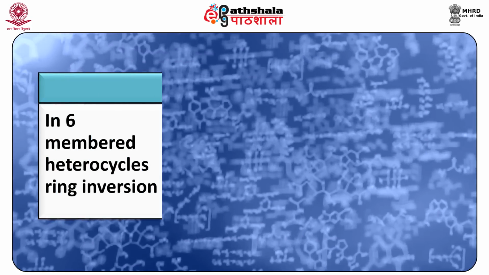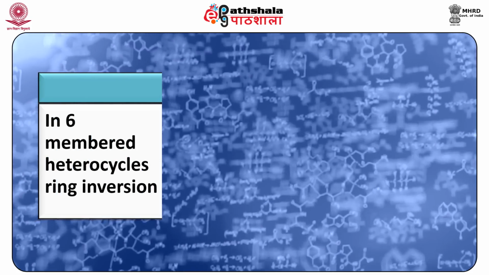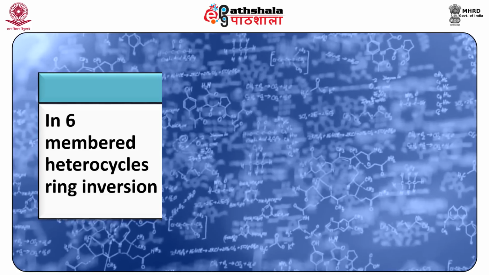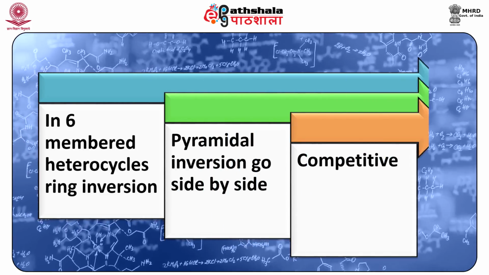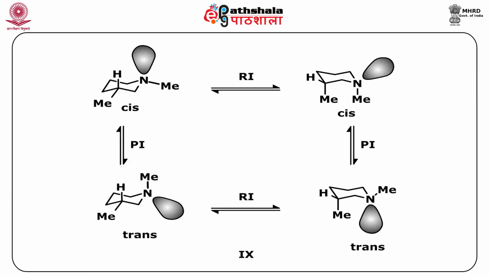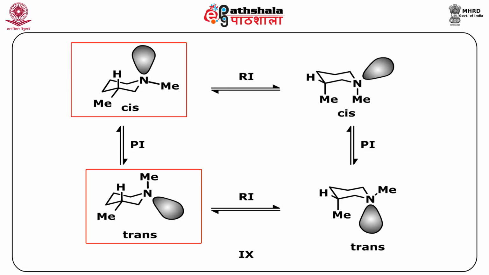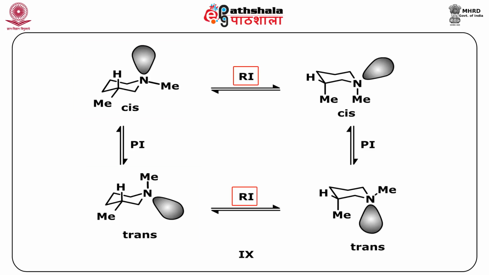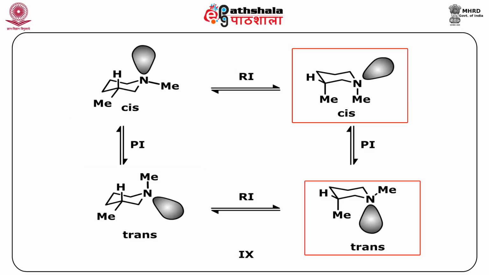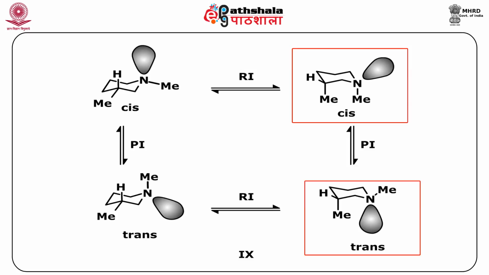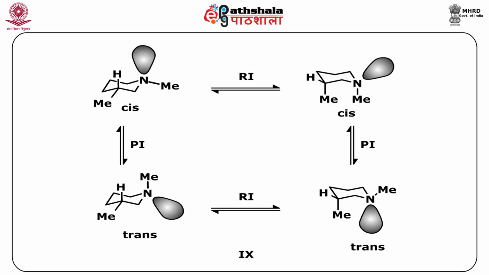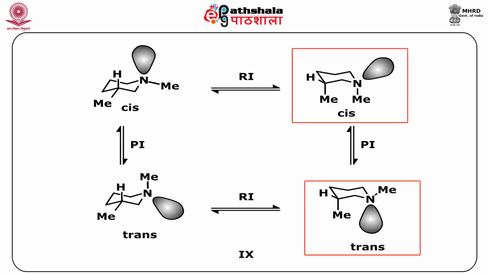Further on, in 6-membered heterocycle rings, ring inversion and pyramidal inversion go side by side and are competitive. In 1,3-dimethylpiperidine, as shown in figure 2, ring inversion leads to conformational isomers, and the configurational isomers, that is cis and trans, remain as they are.